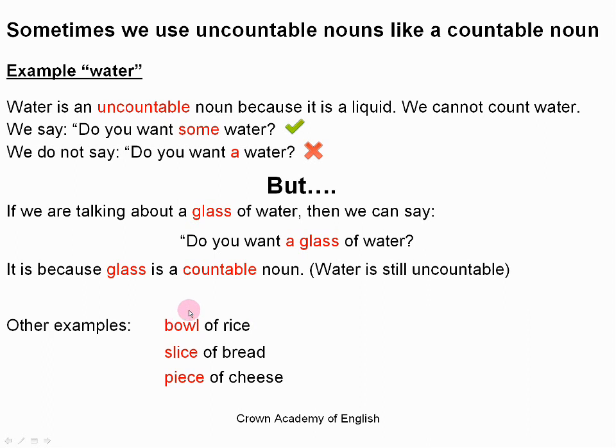But if we add a word which describes the volume or a measure or a container or a quantity, then if we do that, then the sentence becomes a countable sentence. Okay, so that is important.